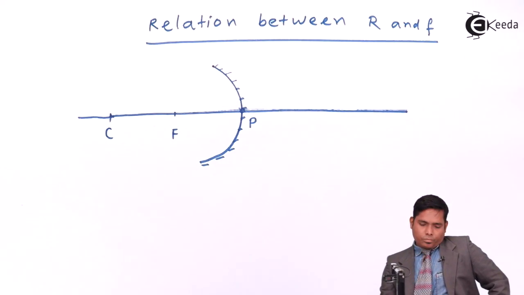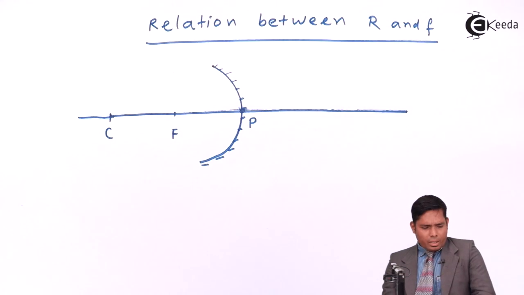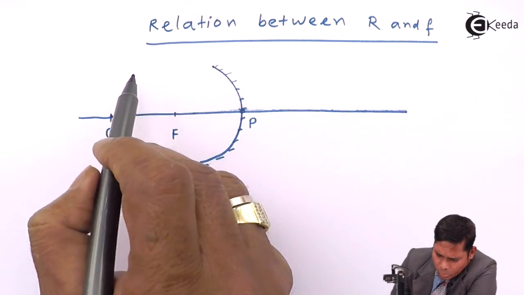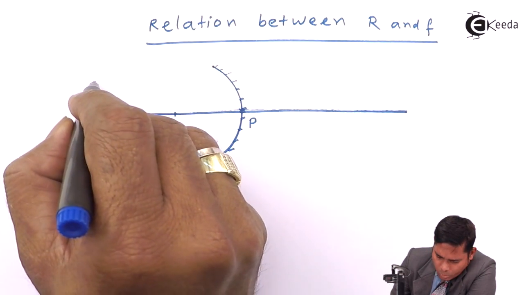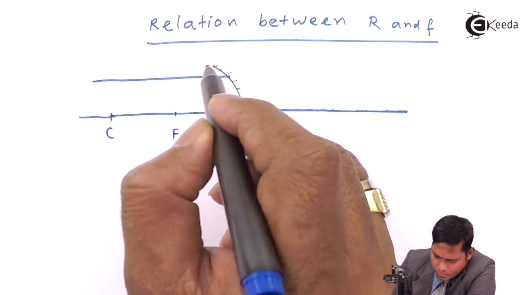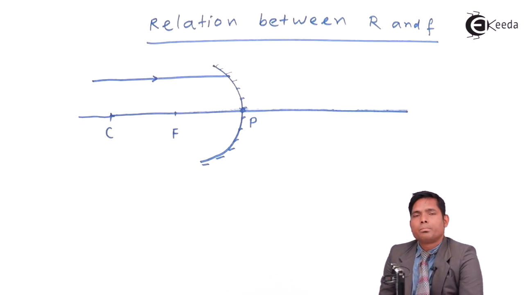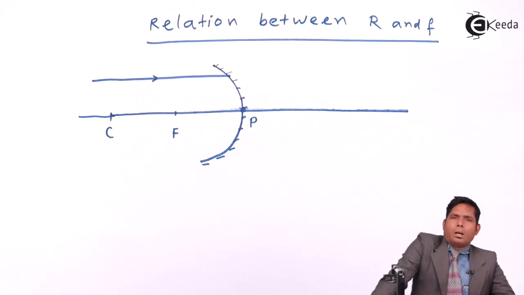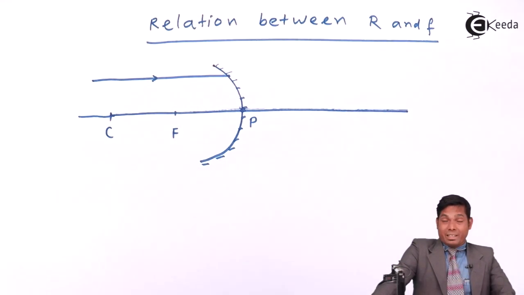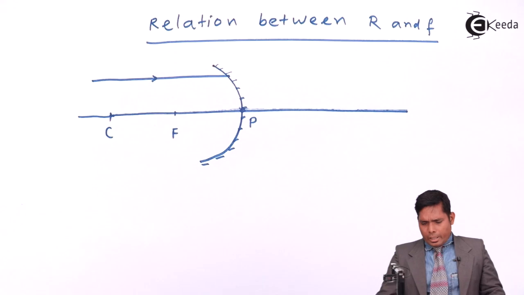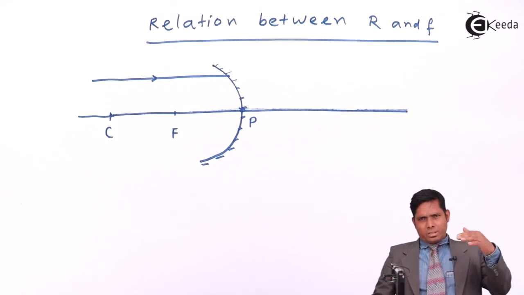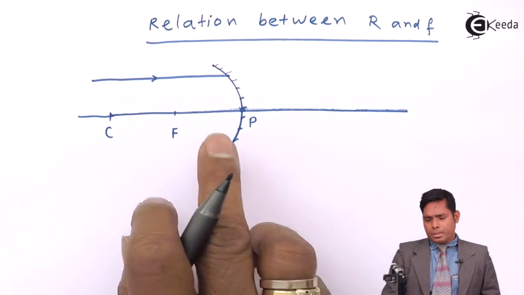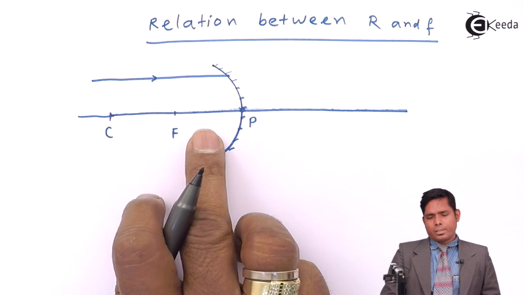Now, I consider a ray which is parallel to the principal axis. We must know that the rays which are very close to the principal axis and parallel are called paraxial rays, and rays much above the principal axis are called marginal rays.